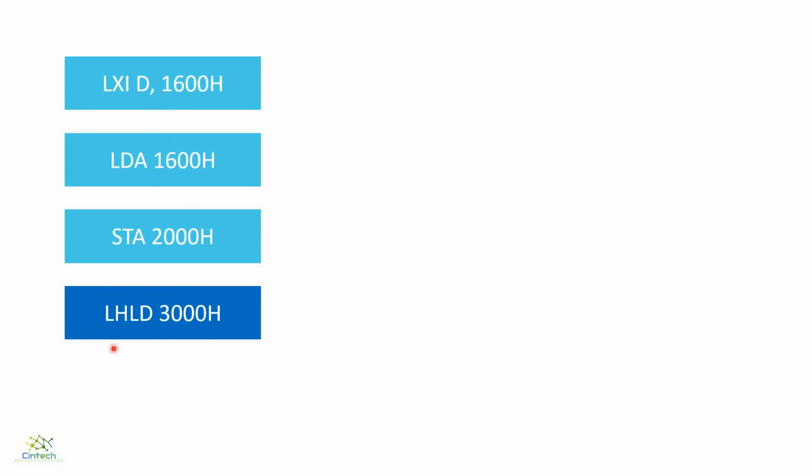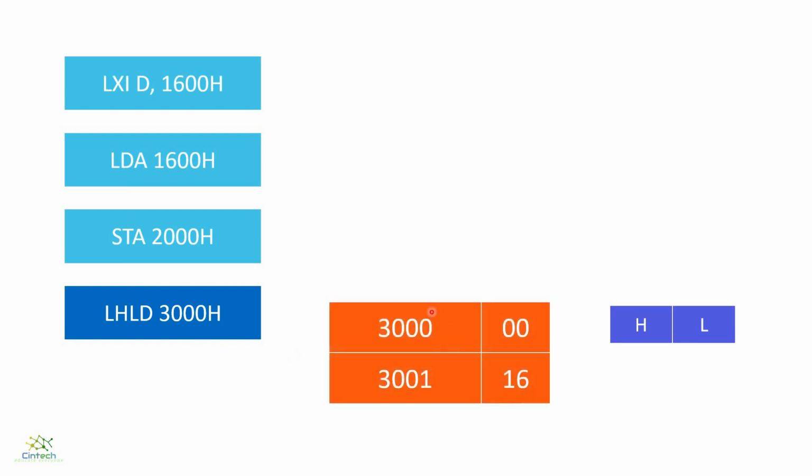That would do the job, right? But LHLD is a separate instruction from LXI, so it has to be something different. It loads the HL pair, not with the value 3000, but from address 3000 and the consecutive address.